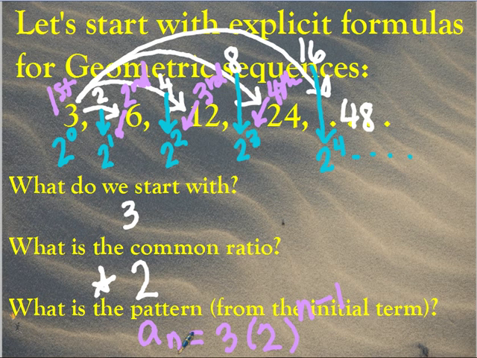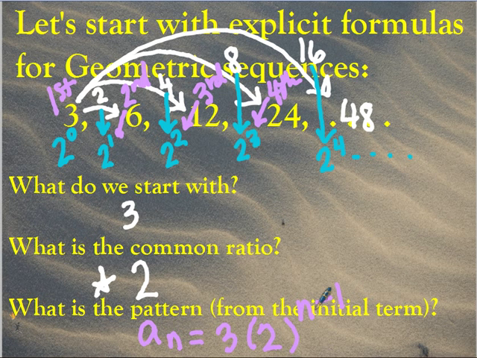Remember, n is the term number, so if I want the 300th term, I would call that a sub 300. And the power I would take the 2 to would be 1 less than that, the 299th power.